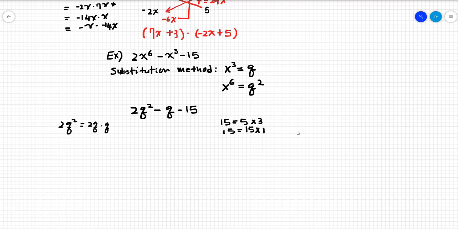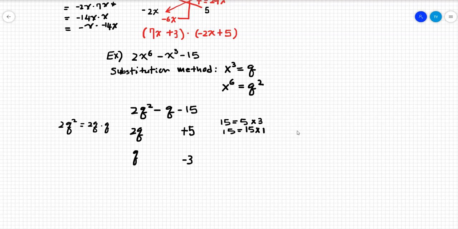So let's just rewrite the first term. We got 2q and q. Here I am going to try the 5 and 3. So I'm going to do it this way: 5 and 3. Because I need to end up with a minus in the middle, I'm probably going to put negative here and positive over there. Why?